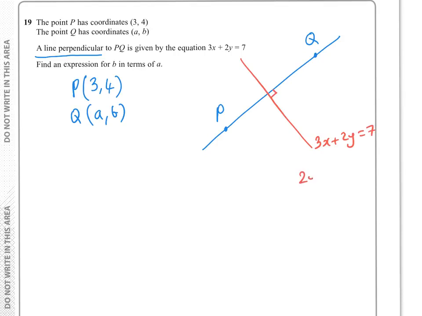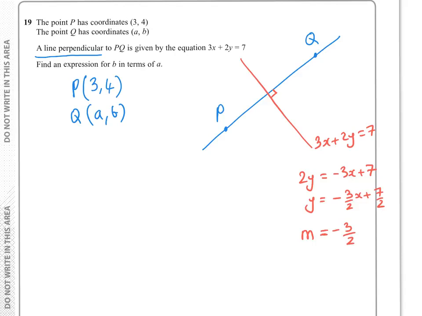Well, if we rearrange that, that means 2y is equal to minus 3x plus 7. And we can find the gradient by getting it in the form y equals mx plus c. We can divide everything by 2. So we can see the gradient here is minus 3 over 2.